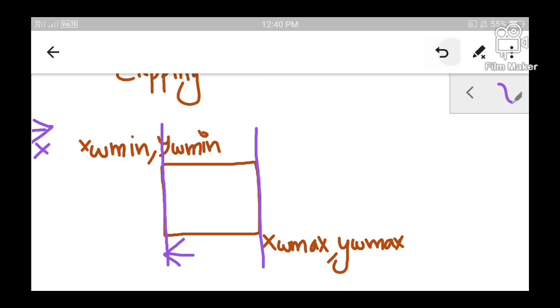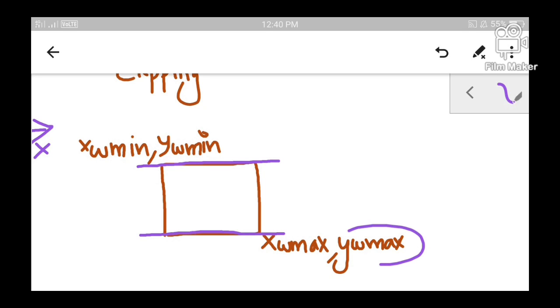Now there are 2 other boundaries also. They are the top boundary and bottom boundary. The top boundary is represented using the value YW min and the bottom boundary is represented using the value YW max.